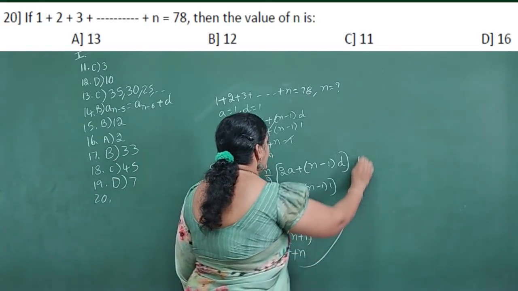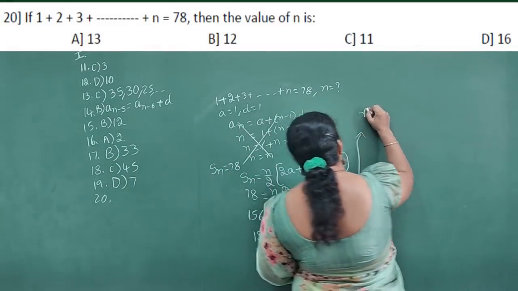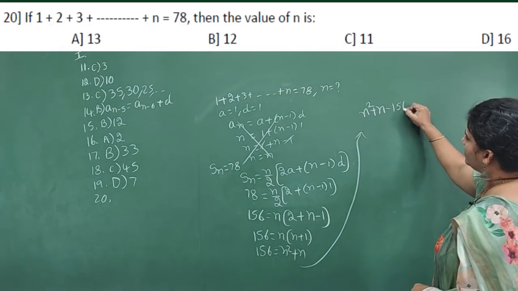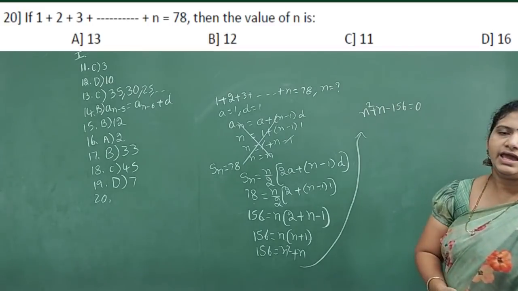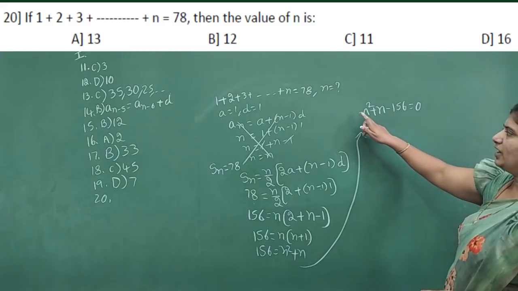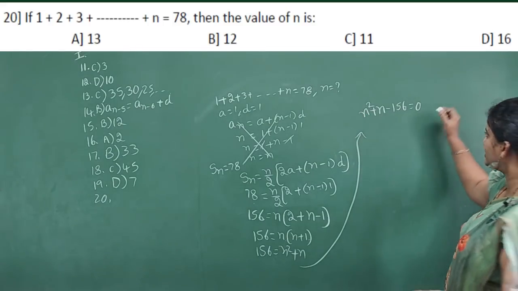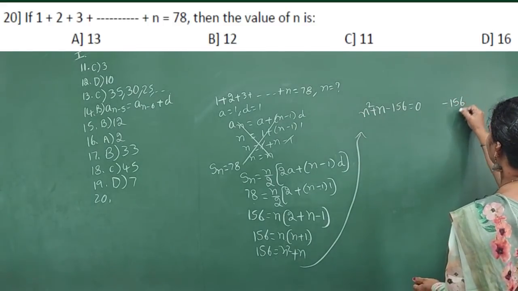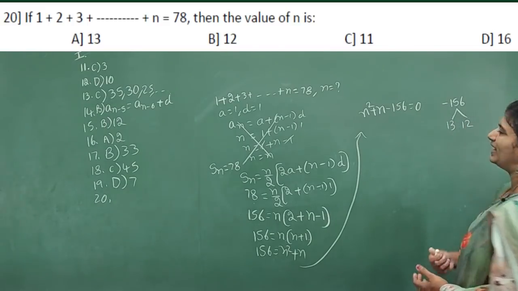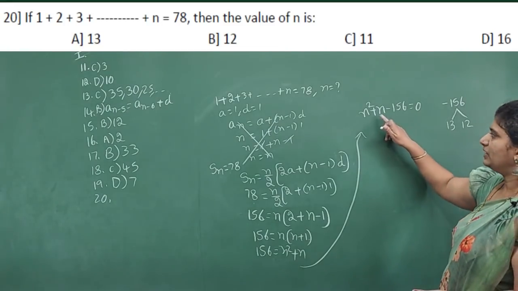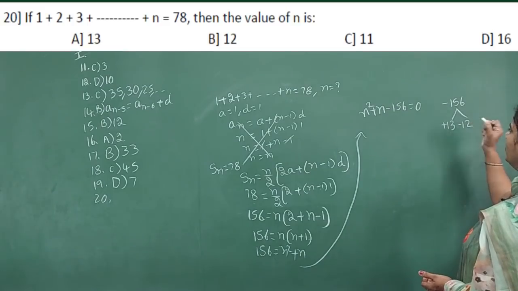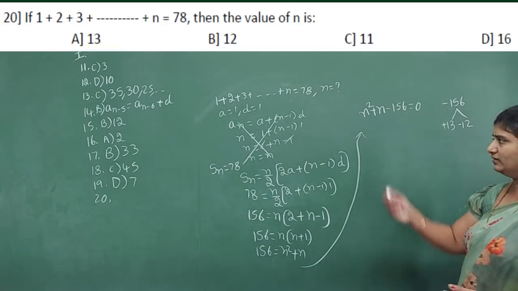Now I can write this as n square plus n minus 156 equal to 0. Again we got an equation. We need to factorize this. Now multiply 1 into minus 156. Take the factors. I think it will be 13 12s are 156. You need to get plus 1. Plus 13 minus 12 will give you plus 1.